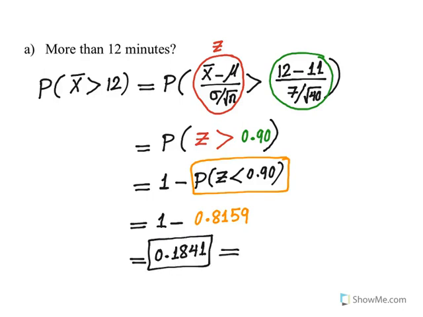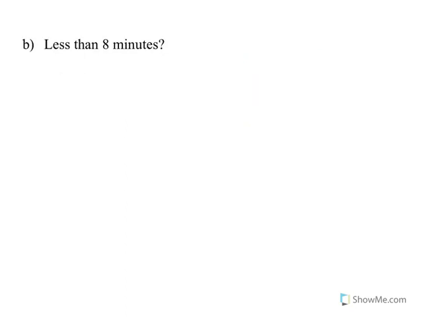And if you write it as a percentage, of course, this is 18.41%. Okay? So this is the answer to the probability that the mean delay is more than 12 minutes. Now the next one is, what is the probability that the mean delay x bar is less than 8 minutes? It's the same exact question, and even easier because it has less than.